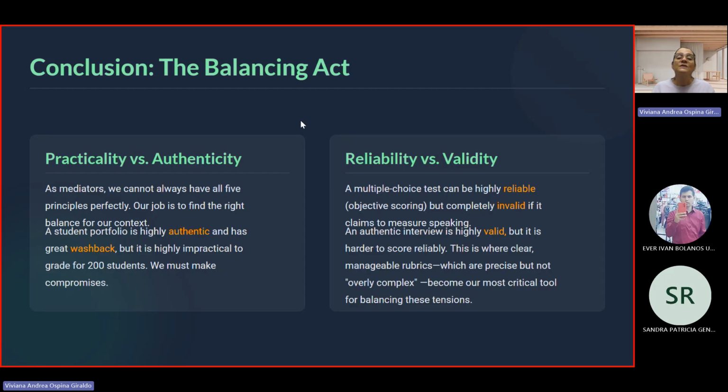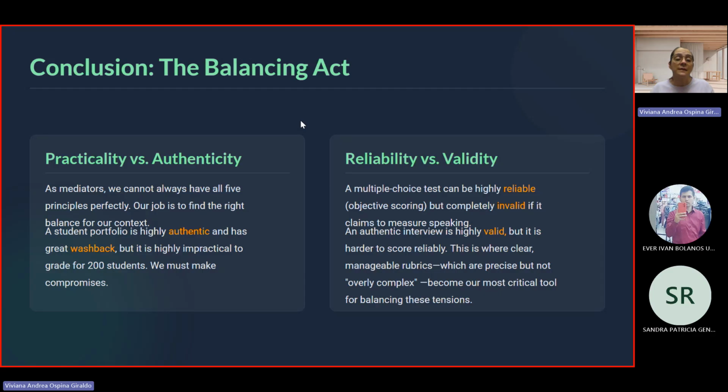So if I have a small class, maybe 15 students, then maybe I can implement a portfolio, and it will be a wonderful, authentic way to assess. However, if I have a classroom with 50 students, how practical is it for me to sit down and read all this?